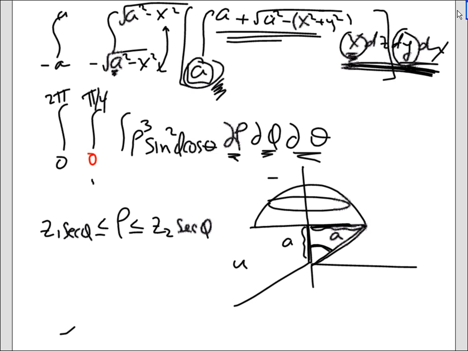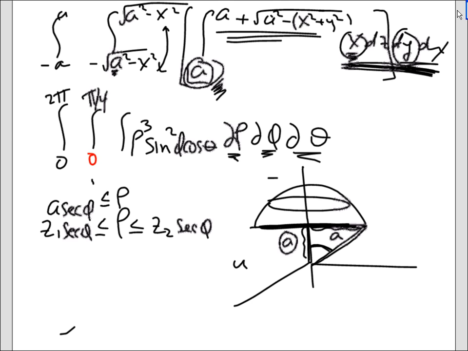The lowest value that z can be is along here. That's where z is A. So A secant phi is less than or equal to rho.